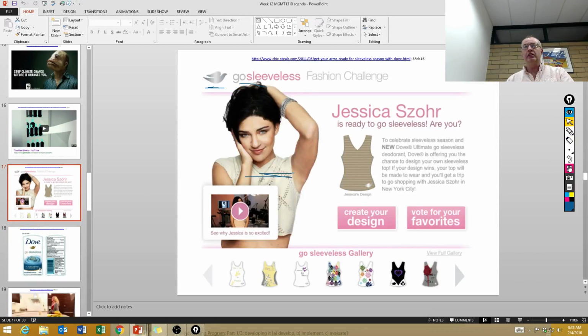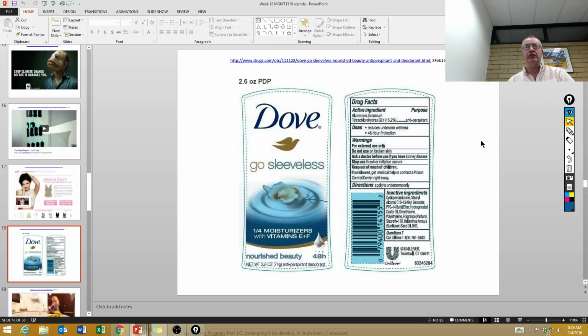They're really saying to women, hey, you too can wear sleeveless blouses or shirts or whatever they are, without fear of offending your friends and colleagues, because you're using our wonderful product called Go Sleeveless deodorant. Anyway, this is really a subtle form of a fear advertisement.